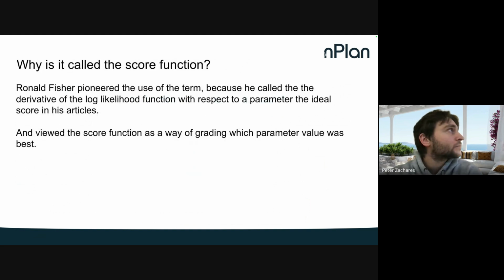Yep. So why is it called the score function? That was my first question when I heard it, because it sounds like a sports reference or something. And it actually turns out that the guy who maybe not discovered Fisher information, but really developed it, Robert Fisher, pioneered the use of the term because he had a lot of different scoring functions he would use to choose what was the best distribution. And the one that he liked the most was the derivative, our definition of score.